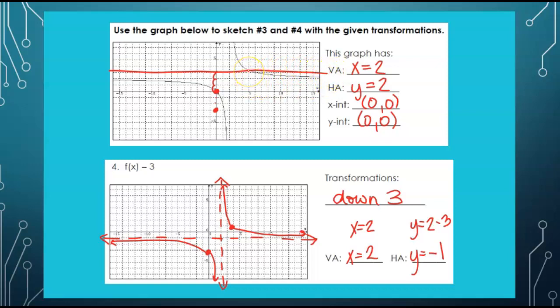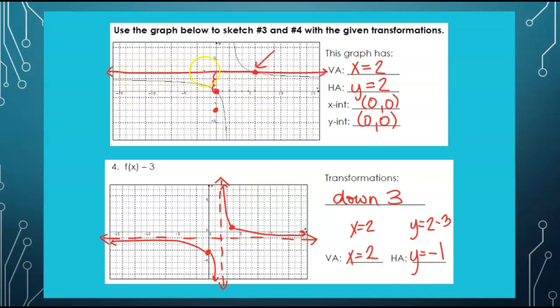Is it at 5? It's not at 5. Well, look on your graph. Isn't it right there? 1, 2, 3. Isn't it like just after the 5? Here's 5. Here's 6. Yes? No?